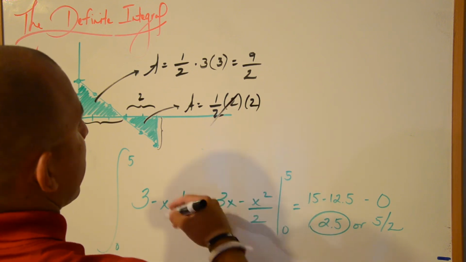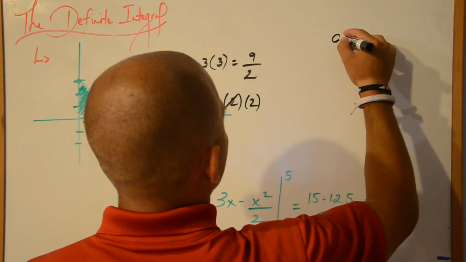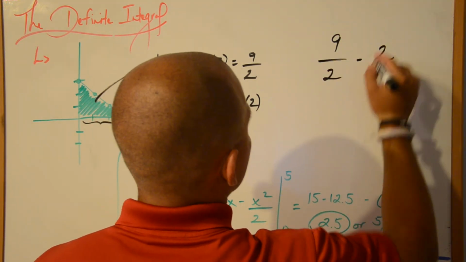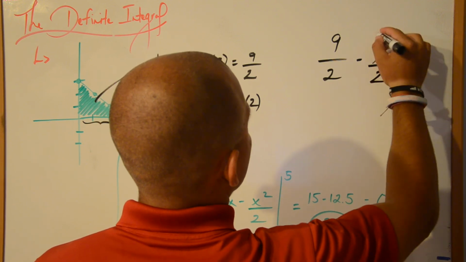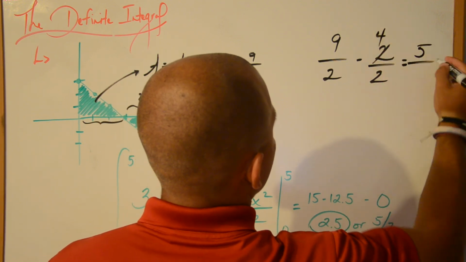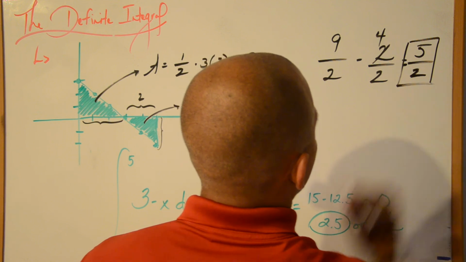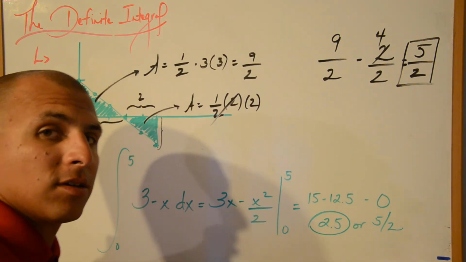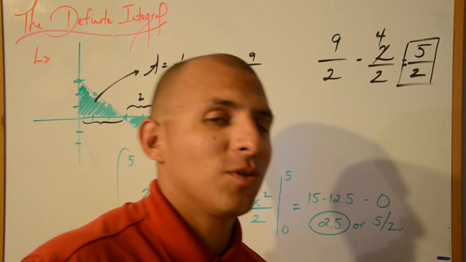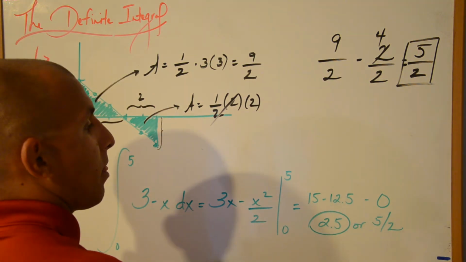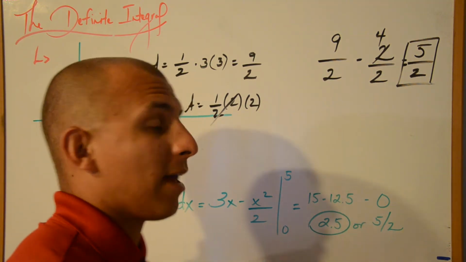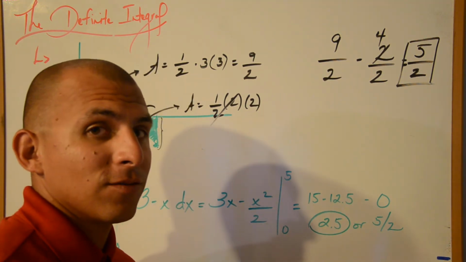Right? These will cancel, so we have 2. We take 9 halves minus 2. You can see that we get 5/2.